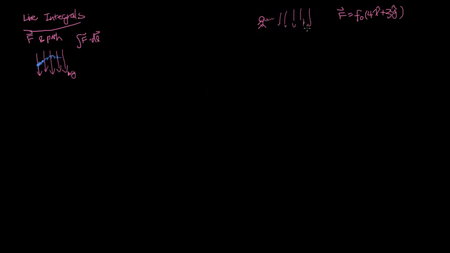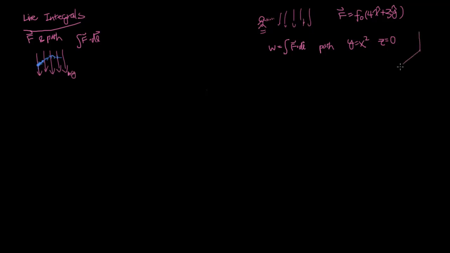So everywhere you're looking in three-dimensional space, because of this person sitting here, you're going to feel a force of F naught in this direction, in 4x plus 3y. And what we want you to do is to calculate the line integral, we'll call this W, or work, of F dot dl along the path that's defined as y equals x squared and z equals 0.